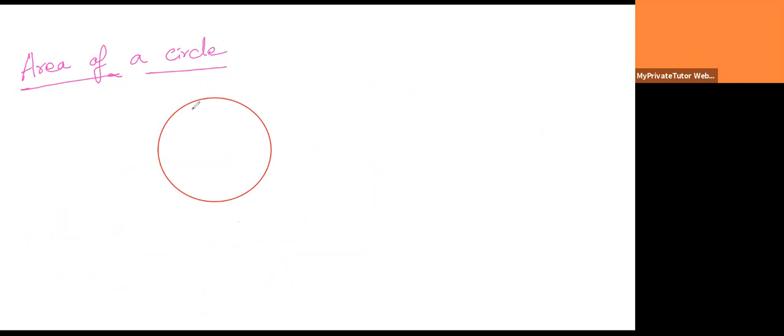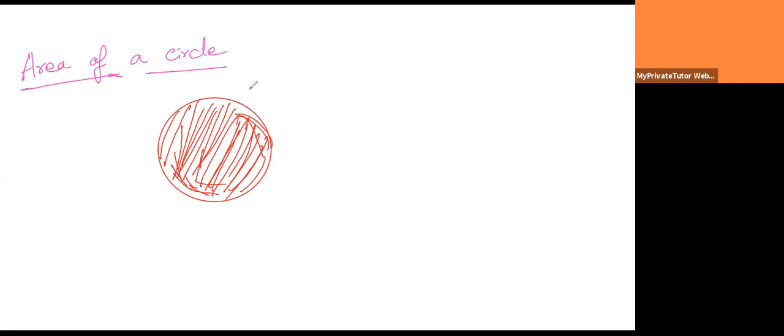How much distance we get if we measure around the circle, that is the circumference. Area is the total space, the total area inside the circle. This is the area, right?